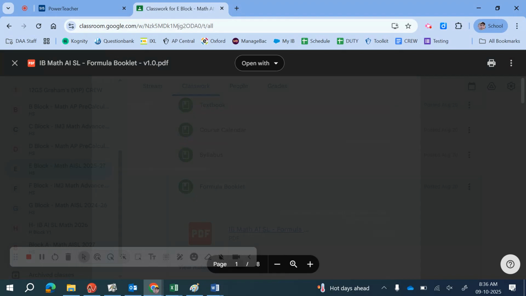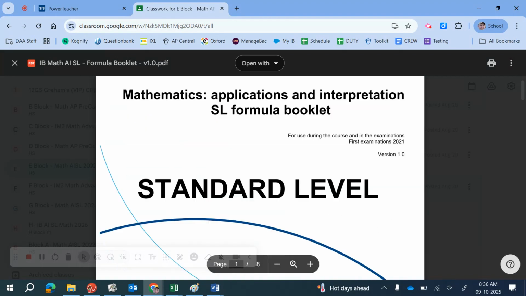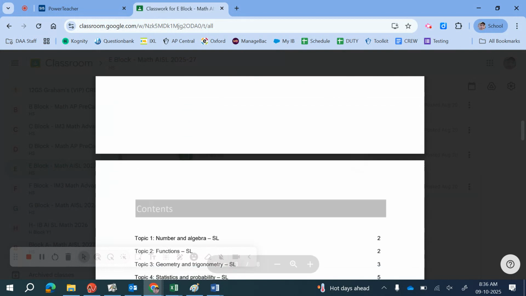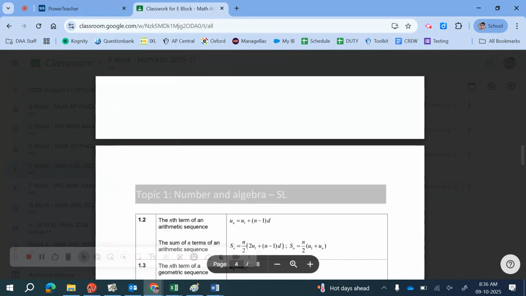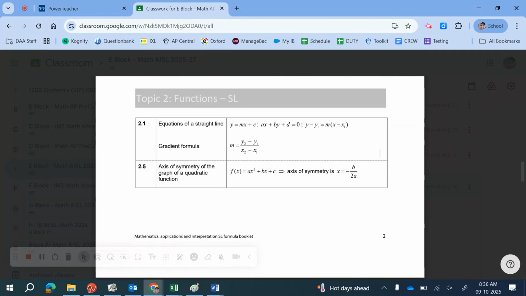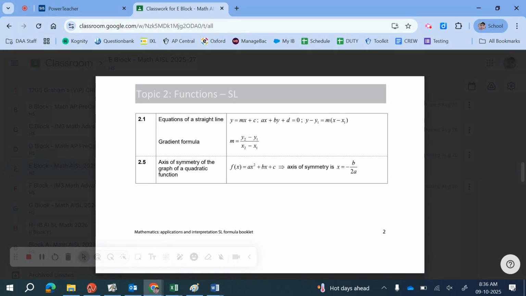So functions is going to come in topic 2 of the formula booklet. I'm going to roll down. We are looking for axis of symmetry. So if you have a function ax squared plus bx plus c, the axis of symmetry can be found by minus b over 2a. Minus b over 2a.